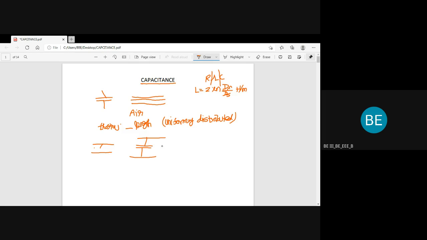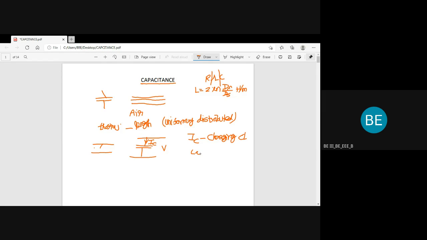If we apply the voltage across this, what will happen? Current will be drawn by the capacitance. This current we call the charging current. Usually, the charging current because of capacitance will be a leading one.